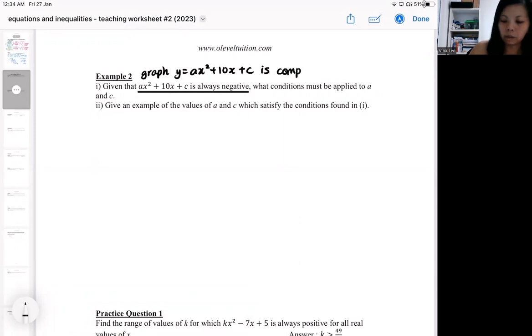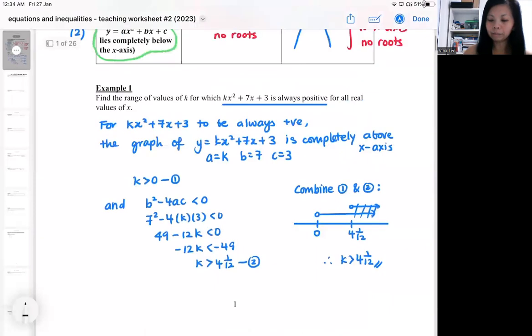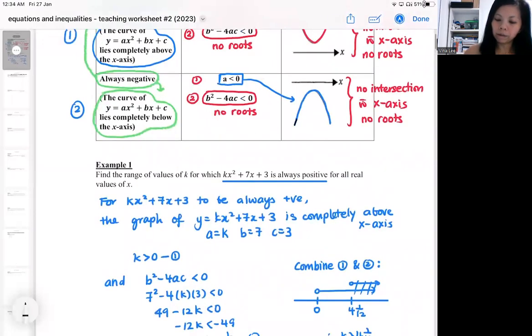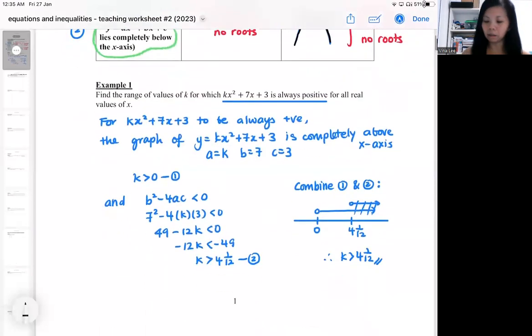So that is the second situation. It's completely below the x-axis. So you go back to the second situation. The graph is entirely below the x-axis. So the condition will be A being negative and the discriminant being negative.